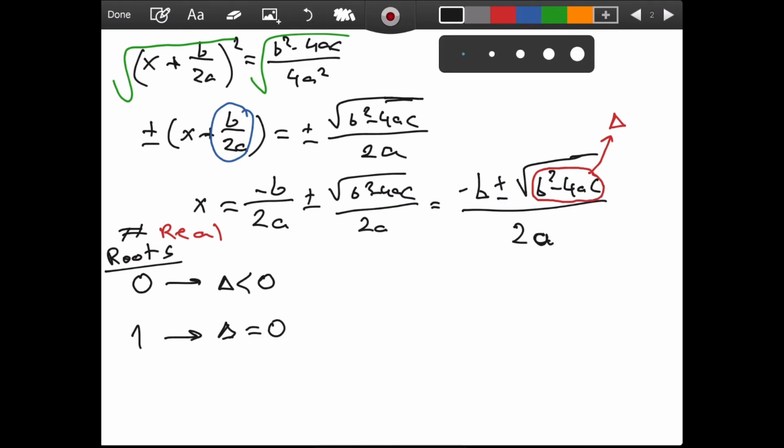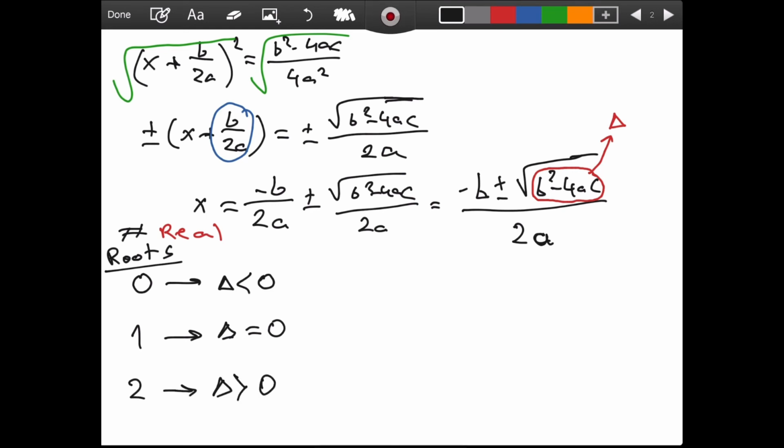And in the case that we have 2 distinct roots, delta is just greater than 0, because if, for example, inside of the square root is 1, then this whole quantity becomes 1. Obviously, plus 1 and minus 1, they affect the value of our quantity.